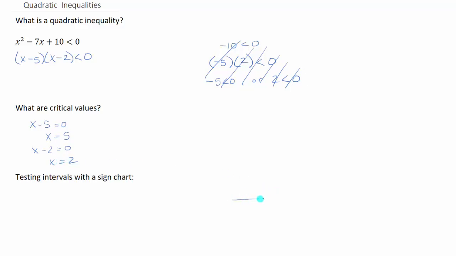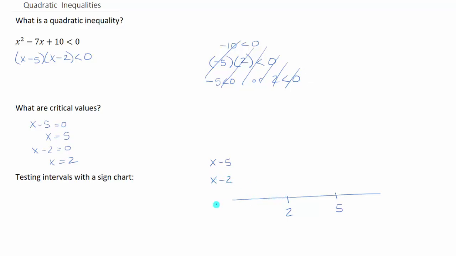So our polynomial is going to behave differently in these intervals that are being separated by the critical values of 2 and 5. So let's go ahead and place our factors that we have right there.